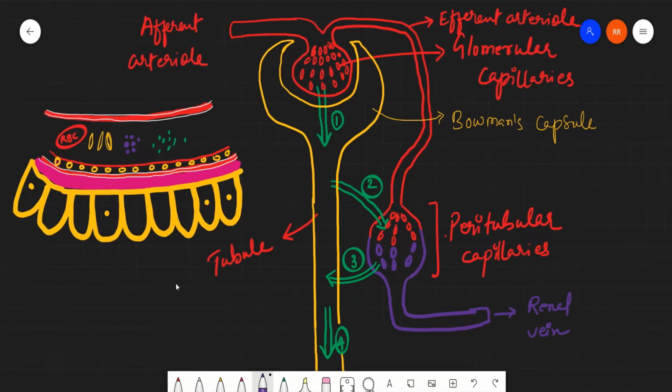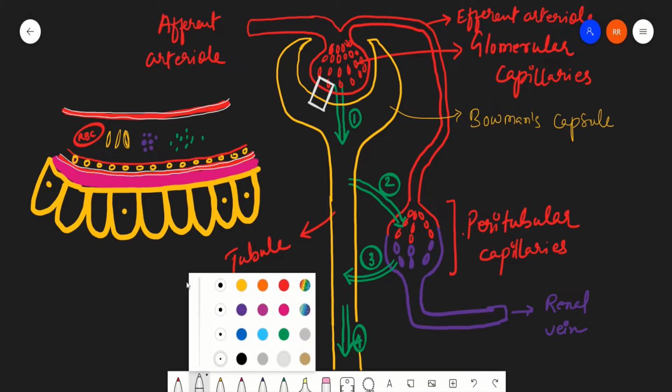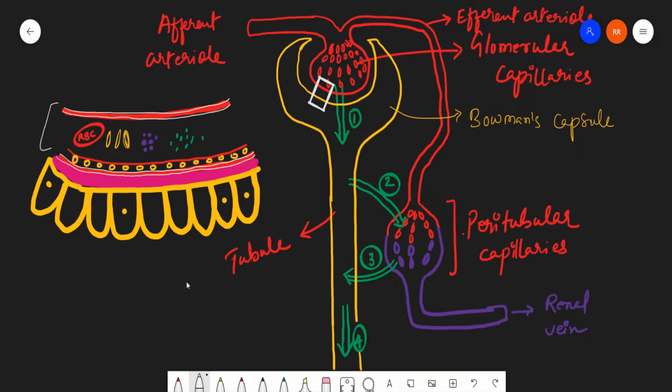If we zoom into this area, what's going on in this particular area? You can see this is the blood vessel, a single capillary.